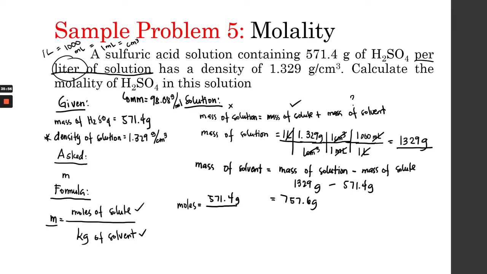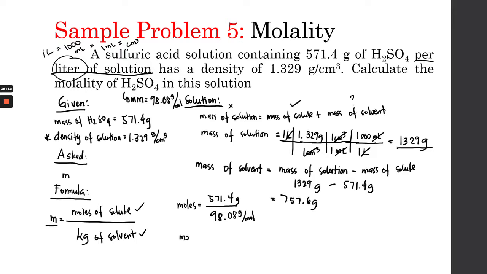And again, you can search this using the internet, or find the molecular weight of each of these elements and then add them all up: multiply the molecular weight of H by 2 and the molecular weight of oxygen by 4, and then add them all up. So that's 98.08 grams per mole.